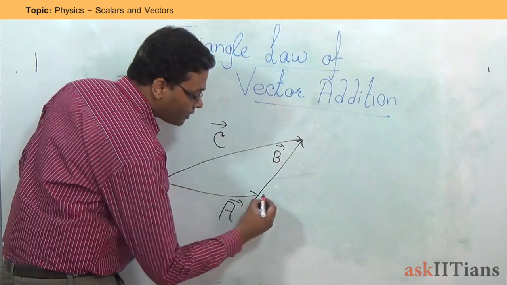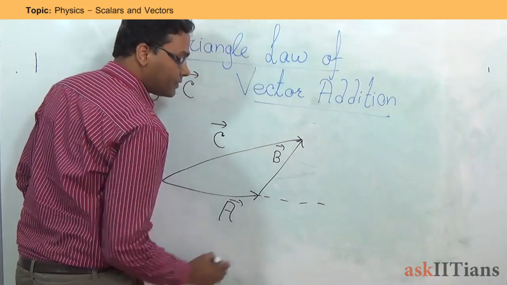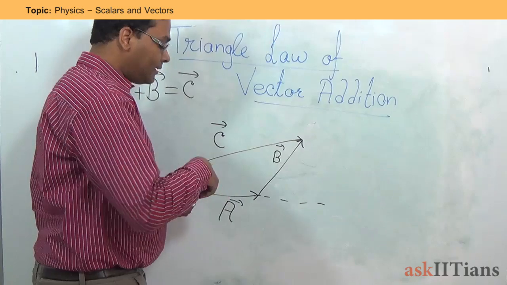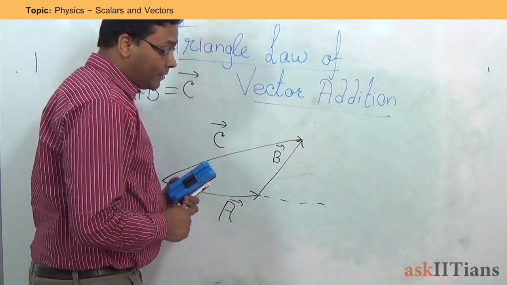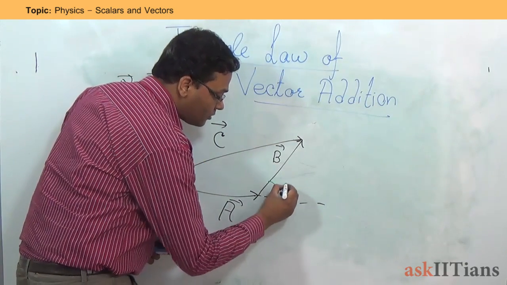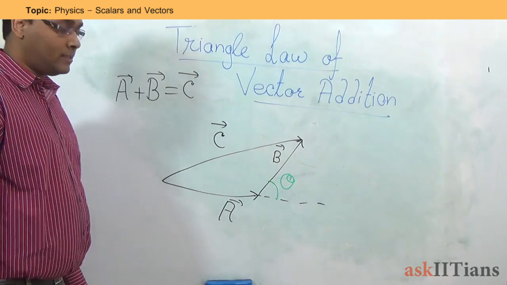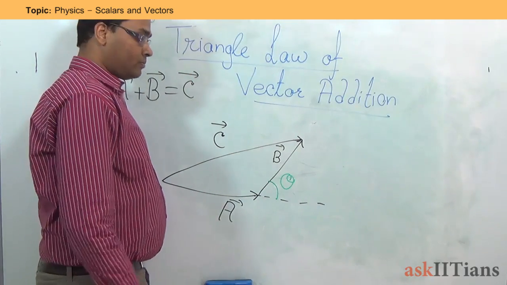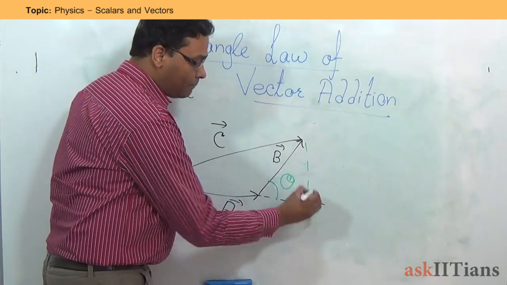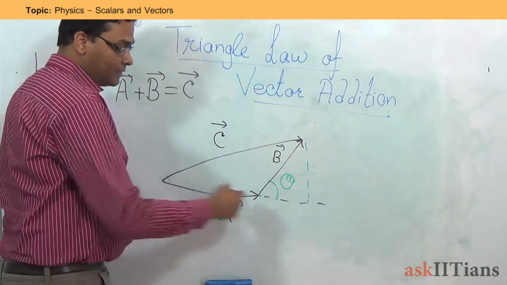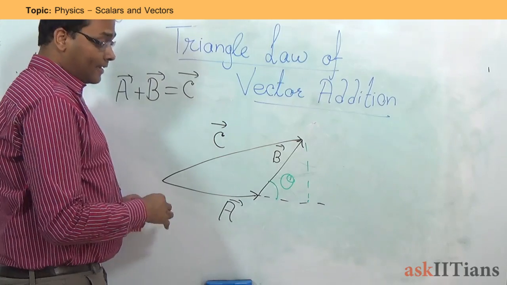We'll extend this further, and say that vector B makes an angle theta with the horizontal. If I now draw a perpendicular over here, you can see that this becomes a right angle triangle.